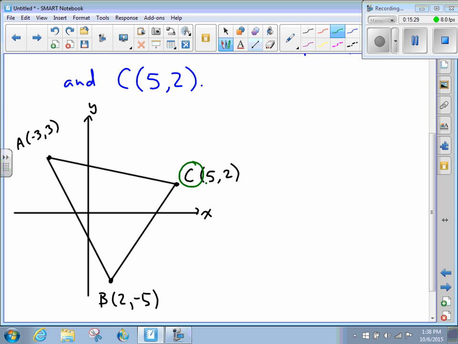So this is one of the points on that line. If it's the median, it's going to go through the opposite side right in the middle. So we could find the midpoint of AB to know what that coordinate is. So we're trying to find the equation of this line.